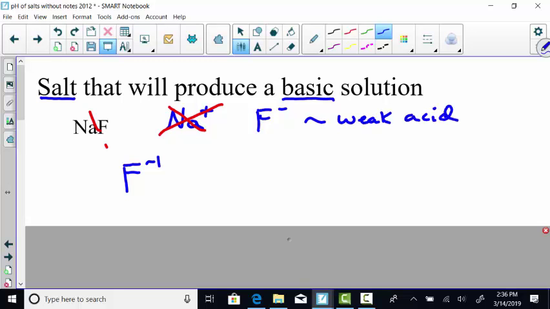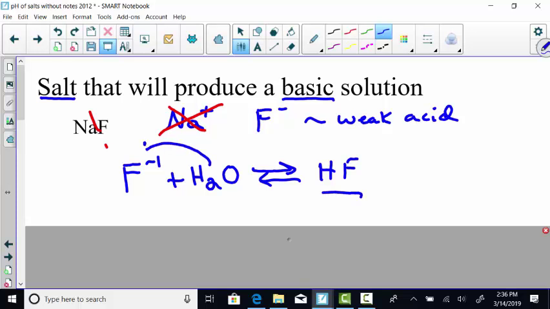Okay? And what happens then is, because it's from a weak acid, it actually would want to steal a hydrogen from water. Okay? Because essentially, it would rather be in the HF form. Okay? It would rather be HF than F minus.